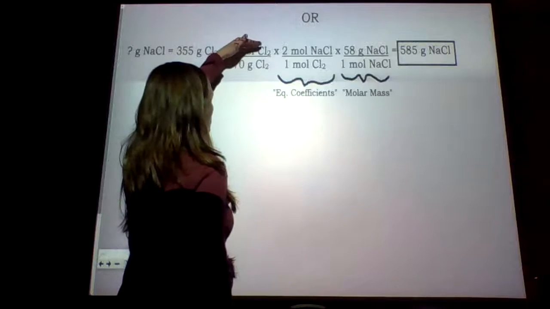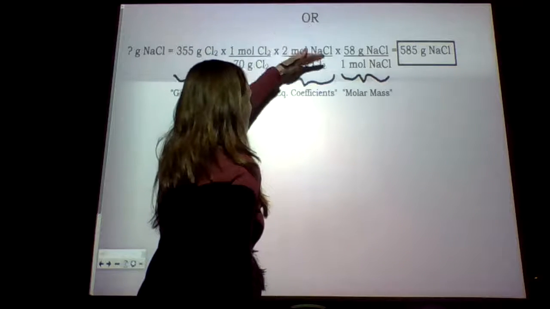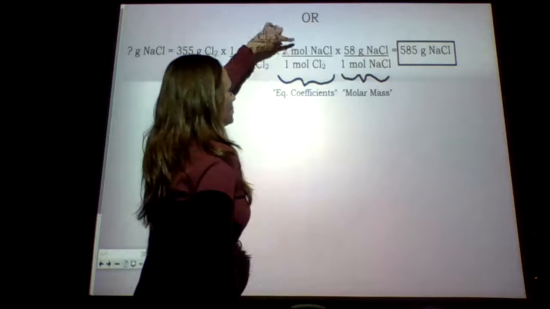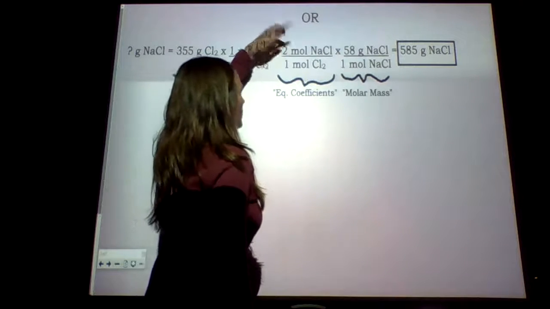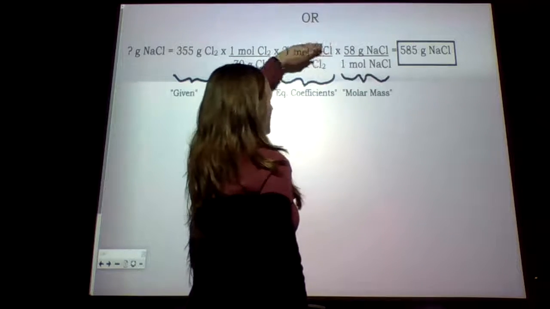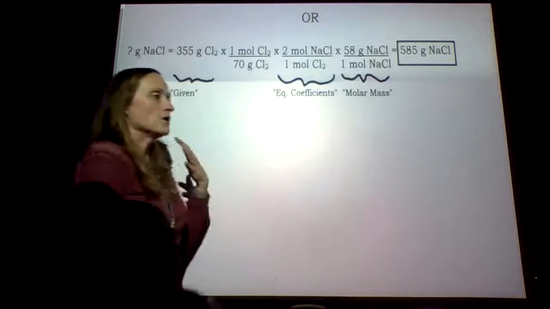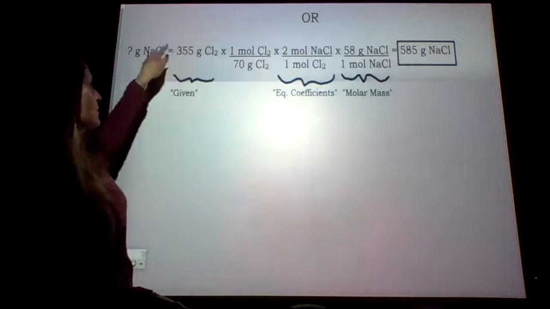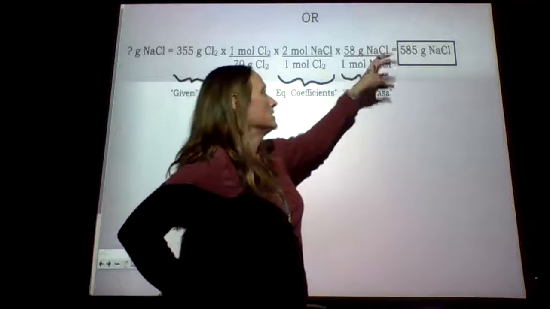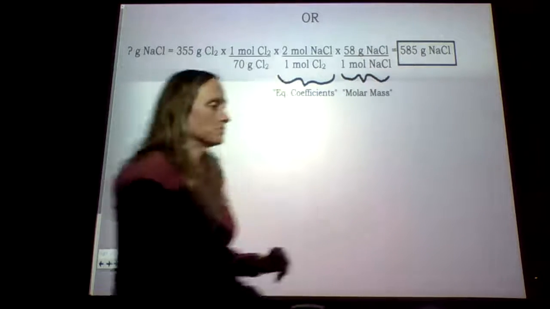So then you go moles, moles of chlorine, they cancel. Here we go. Here's your bridge step, moles of chlorine, 2 moles of sodium chloride. Then if you want moles of sodium chloride, it goes in the bottom so it can cancel, and you're now to your mass. Just like before, you're going to multiply everything on top, multiply everything on bottom, divide to get your final answer.